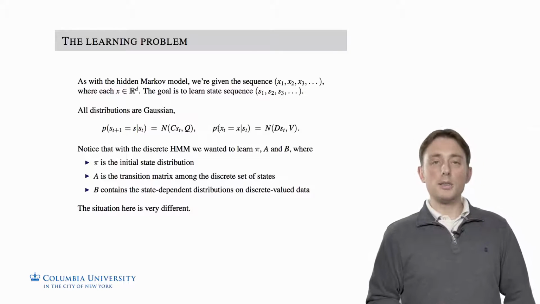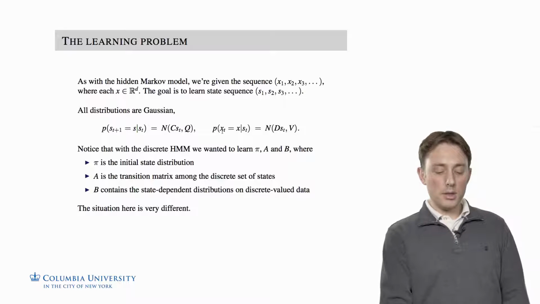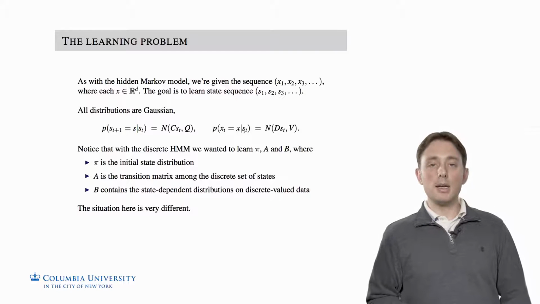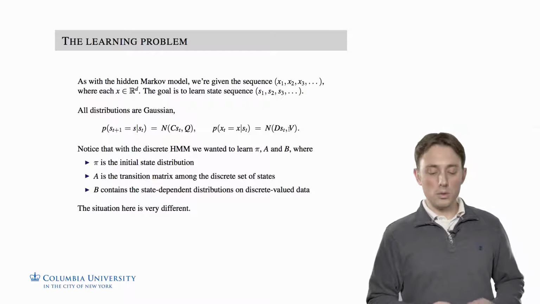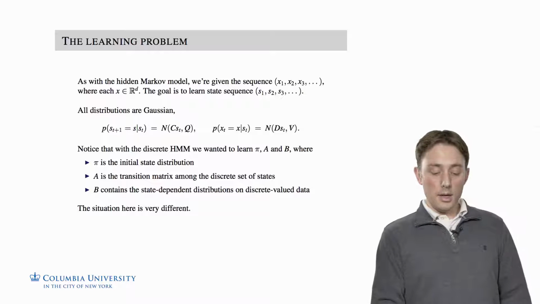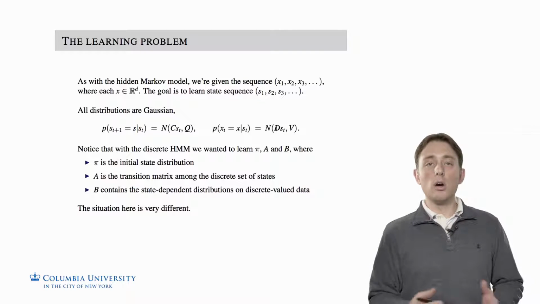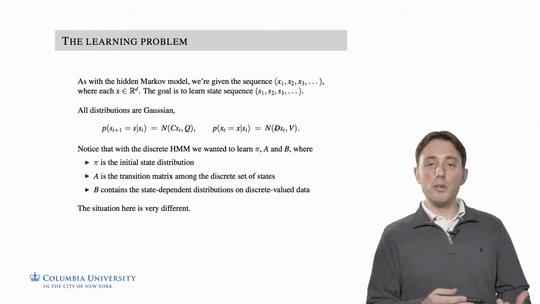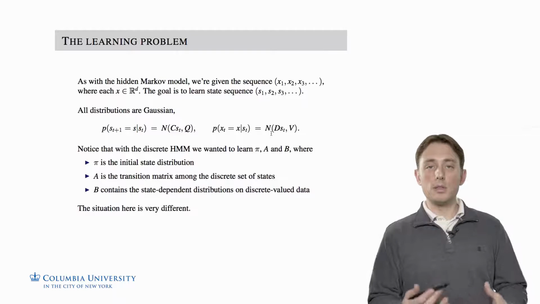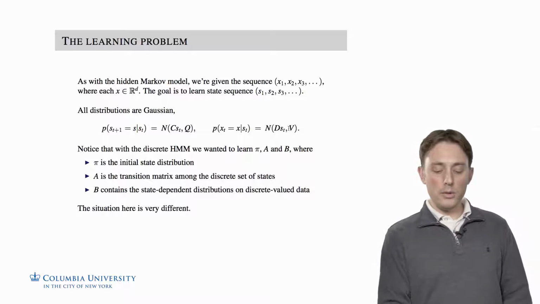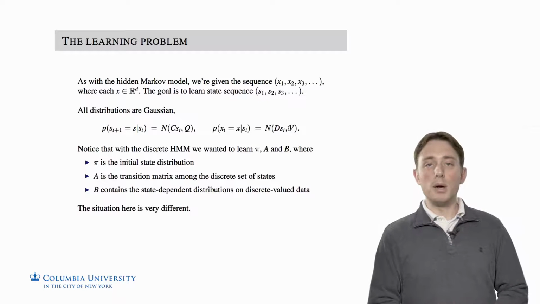And then the distribution on the observed sequence, x_t, the observation at time t, given the underlying state at time t, is also a multivariate Gaussian with mean equal to D times the underlying state s_t and covariance equal to V. And again, we're assuming D and V are either known or can be estimated. So for the previous problem that we discussed, C and D were known from the physics of the problem, and Q and V were estimated somehow in advance.